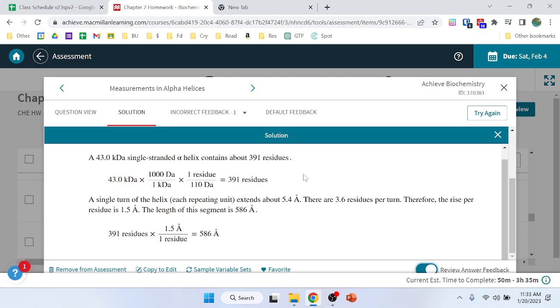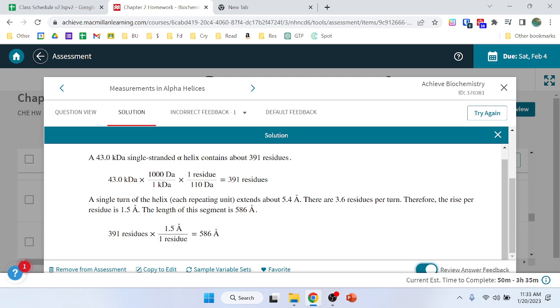Remember the periodicity? Every turn has 3.6 residues, 3.6 amino acids, and one turn is going to be 5.4 angstroms in length. They're averages, actually. Remember, this is biology, so everything's messy. There's not a lot of really nice, beautiful constants that don't have much error.